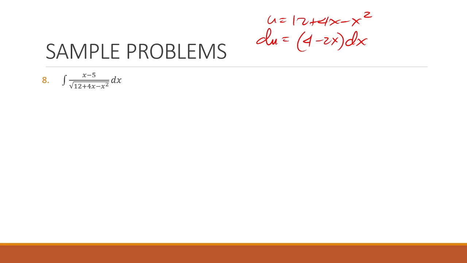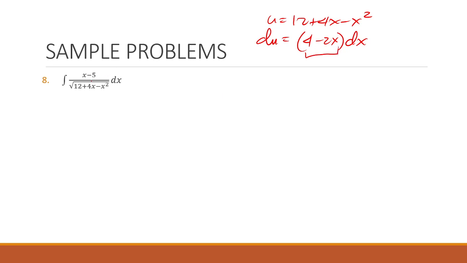So we cannot simply apply u sub directly and use the power rule. What we can do here is still apply a u sub, but this will leave us with an extra term that we have to figure out later. But we can try to extract this 4 minus 2x.